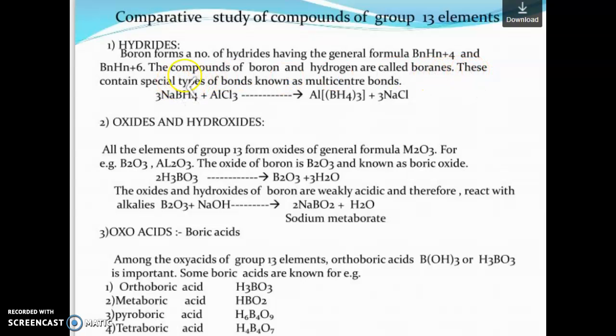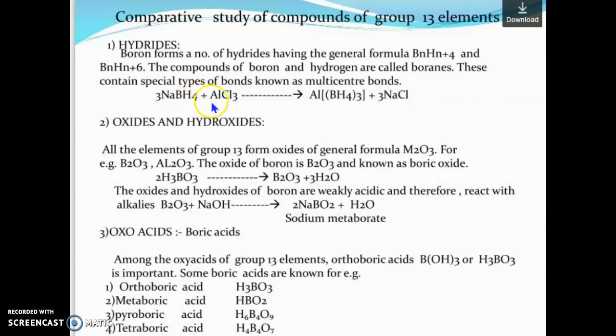These contain a special type of bond known as a multicenter bond. Here is one example: sodium borohydride, NaBH4, plus aluminum trichloride gives Al(BH4)3 plus 3 NaCl. These are the boranes, or hydrides of boron.